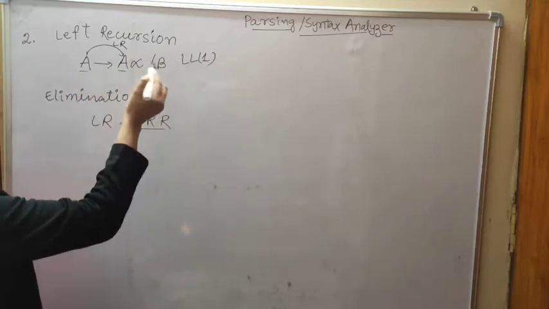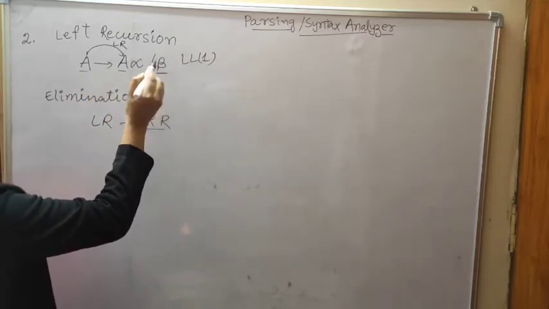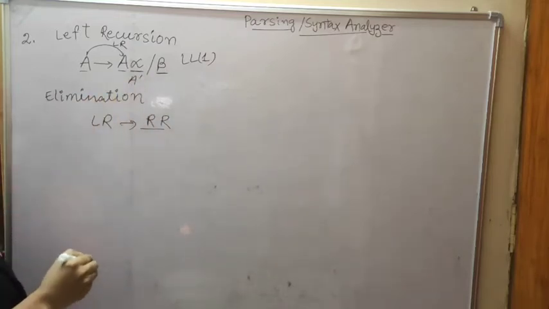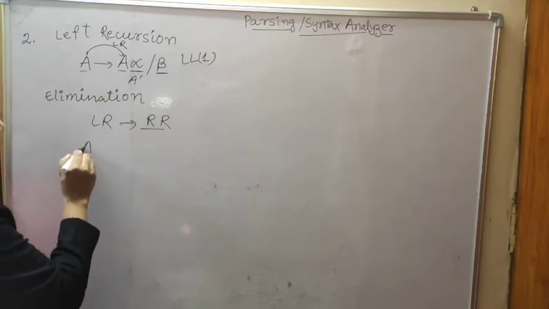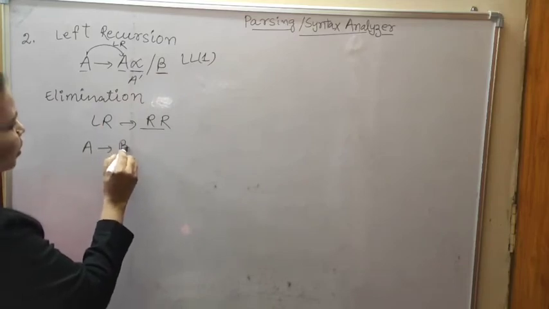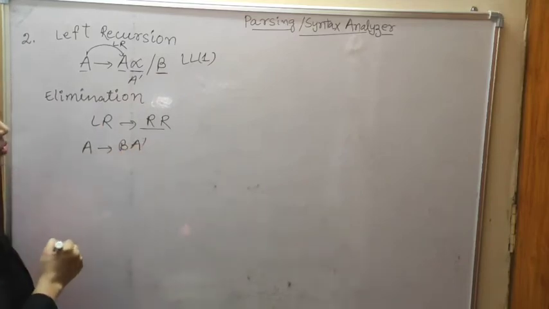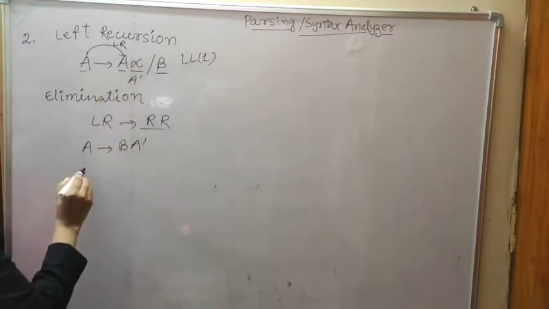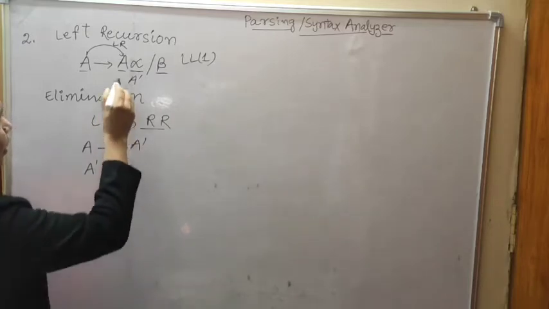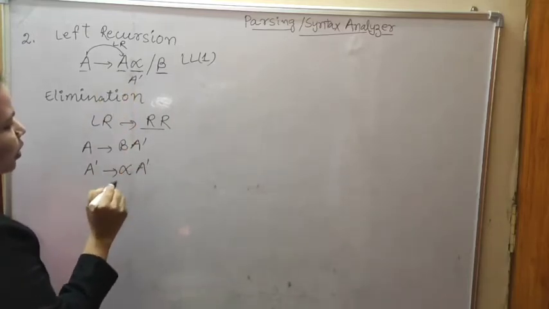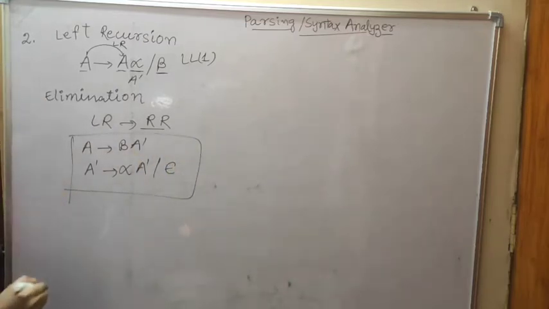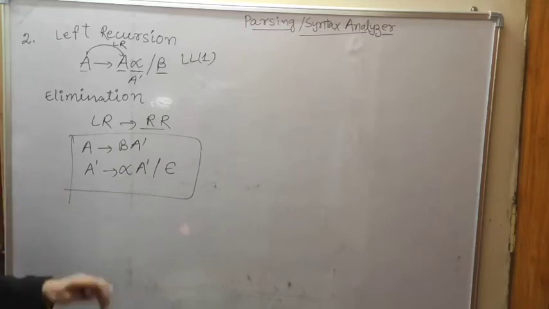Always remember, A goes to beta A dash, and A dash goes to alpha A dash or epsilon. This is the correct rule for elimination of the left recursive grammar.